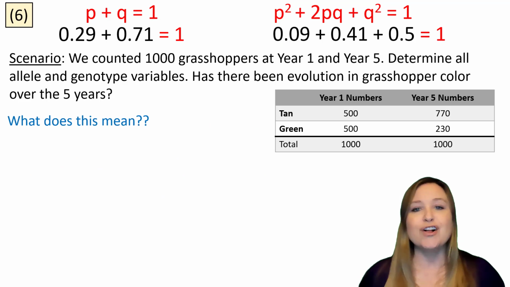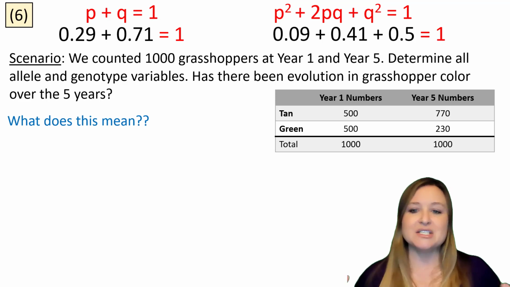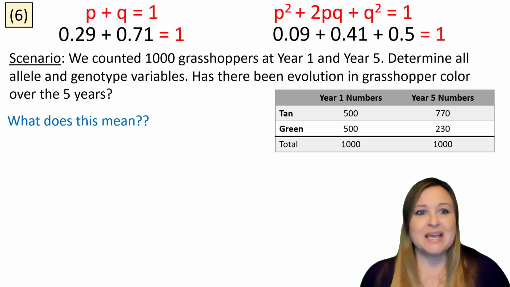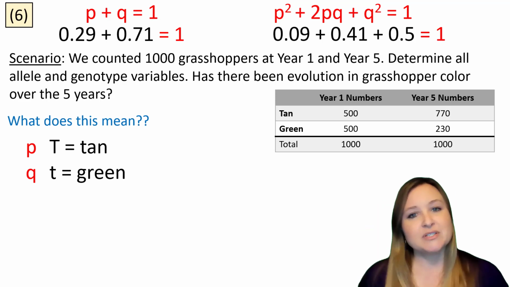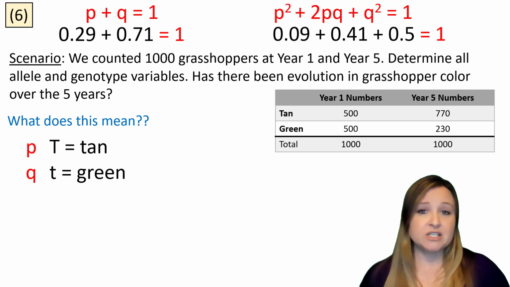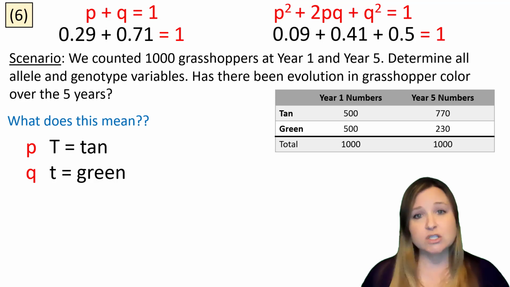Okay, so we have all of the allele and genotype frequencies now in this year 1 population of tan and green grasshoppers. Now, what does this mean, actually? We have these numbers. What does that mean? Well, remember that P represents the dominant allele and Q represents the recessive allele. So within our population of grasshoppers, there's 2 options, a big T or little t.